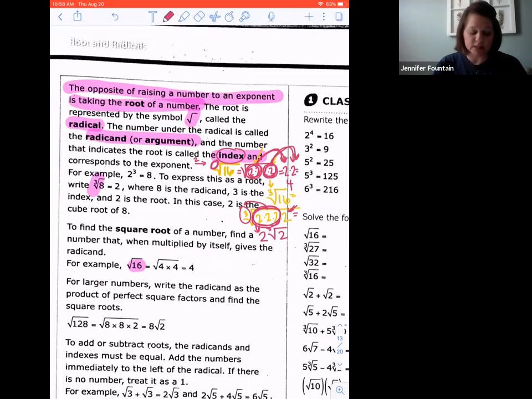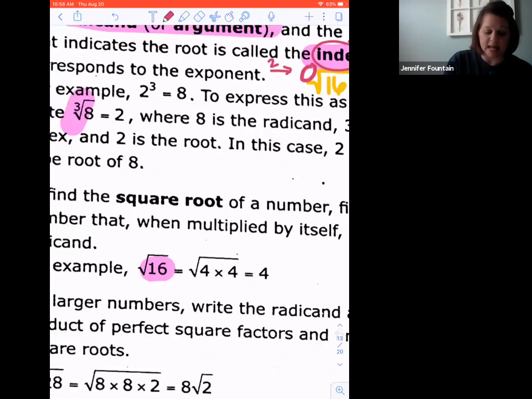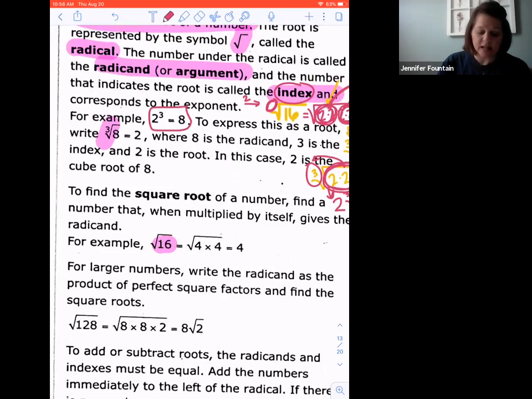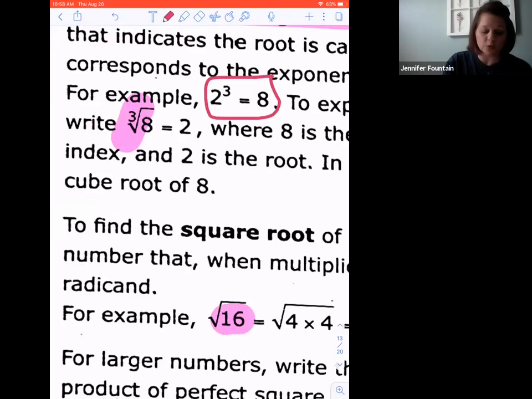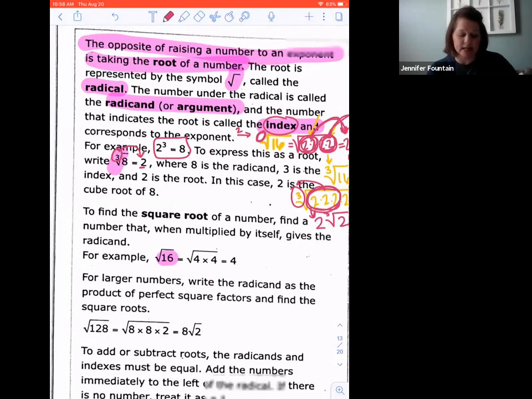Okay, so it says, for example, 2 cubed equals 8. We know that 2 cubed is 2 times 2 times 2, and that equals 8. So to express this as a root, you would have the cube root of 8 equals 2. I have to multiply 2 3 times to equal 8. So 8 is the radicand, 3 is the index, and 2 is the root.